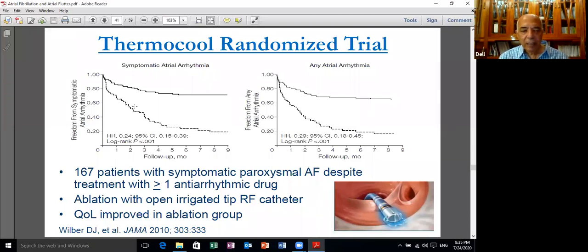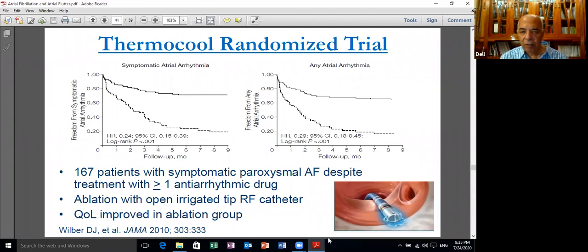Now, after the introduction of these methods, there was an enormous enthusiasm for them, supported by these studies. One of them is the Thermocool study, which compared symptomatic atrial fibrillation ablation versus drug therapy. And as you see, the curves are widely separated in favor of ablation. And not only for symptomatic atrial fibrillation, but for symptomatic and silent atrial fibrillation, there is also a large gap.